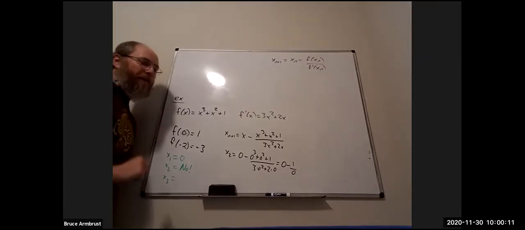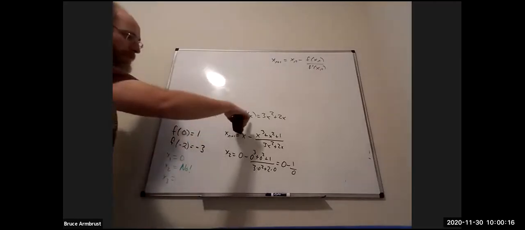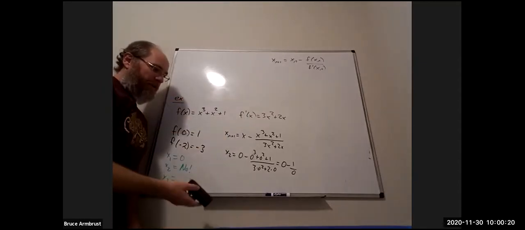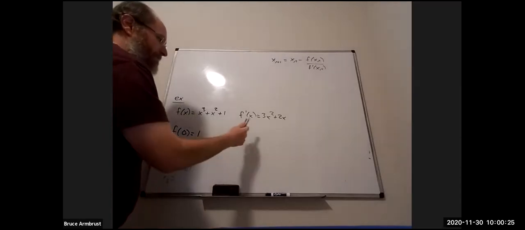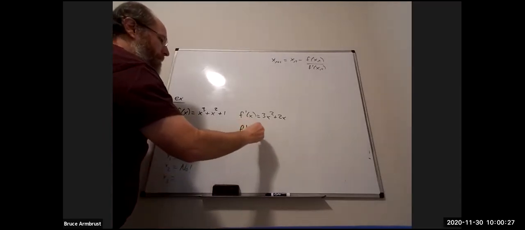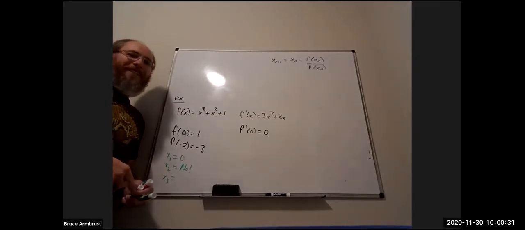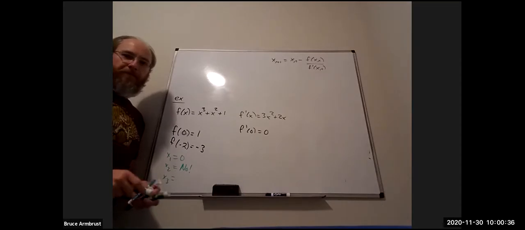Okay, well, here's what happened. Take a look at the derivative. Specifically at 0, what's the derivative at 0? Right, it's 0. What does that mean in terms of the tangent line? It's also 0.